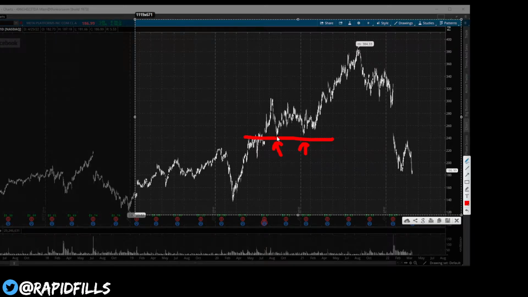You can see people are coming in and buying this, thinking this is a really good buy, and bouncing the stock off of this zone right here, which is the 250. And then it has a flag, and then the flag breaks out, and it continues up in an uptrend, right?